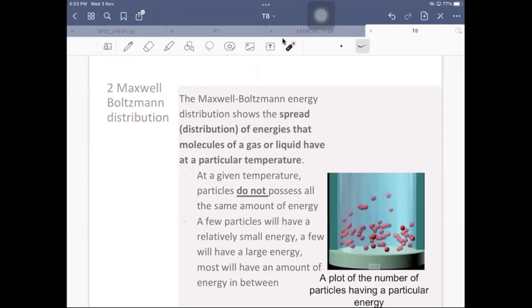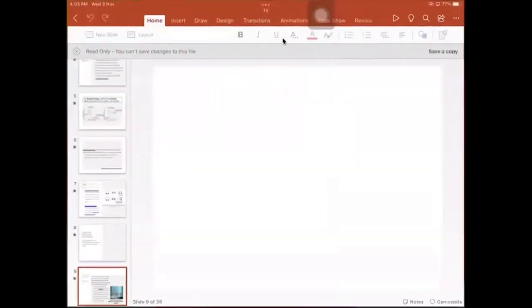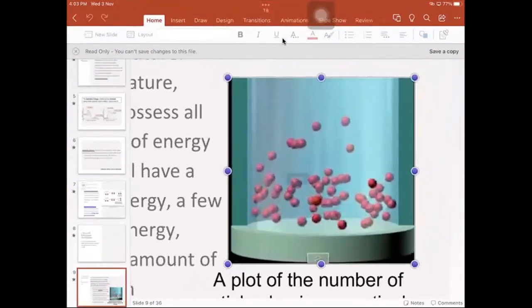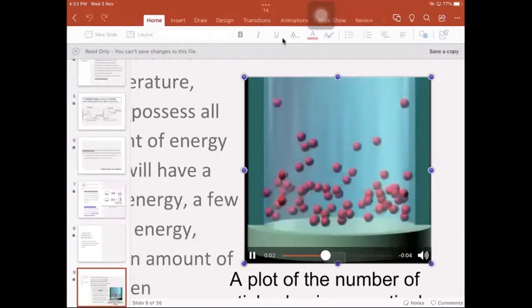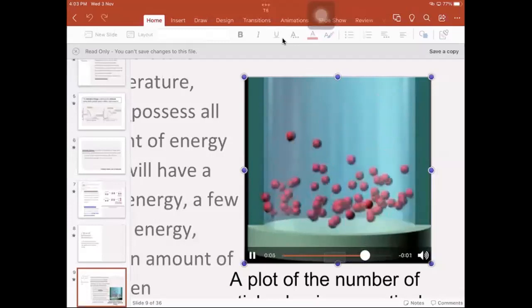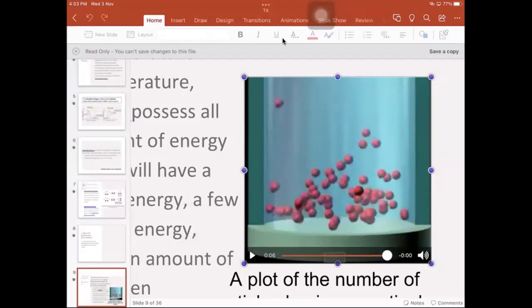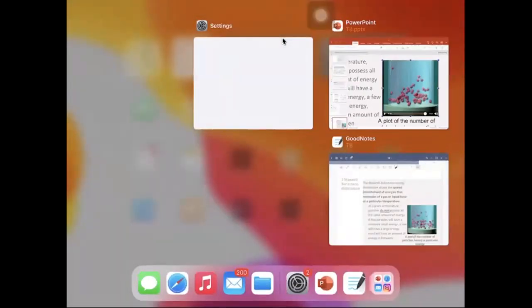Okay, it's also worth noting that different molecules of the same type have different speed, different energy. Okay, so when they have different energy, they move at different speed. I have a video. I'm not sure if you're able to see that. If you can just compare these particles, some of them are moving really fast, some of them are moving slow. Okay, I don't know if you can see that, but in reality, that's true about any particles or molecules as well.